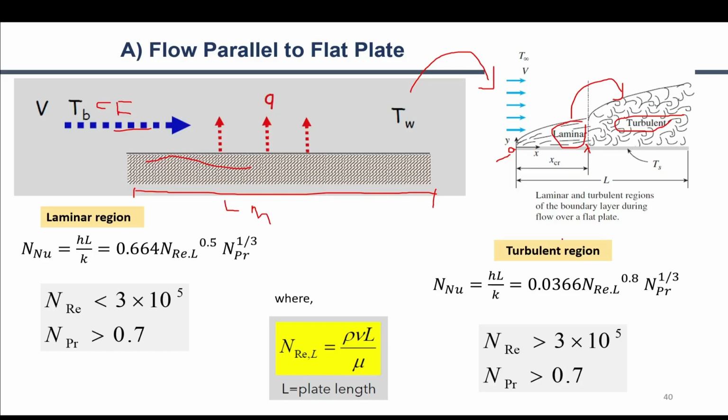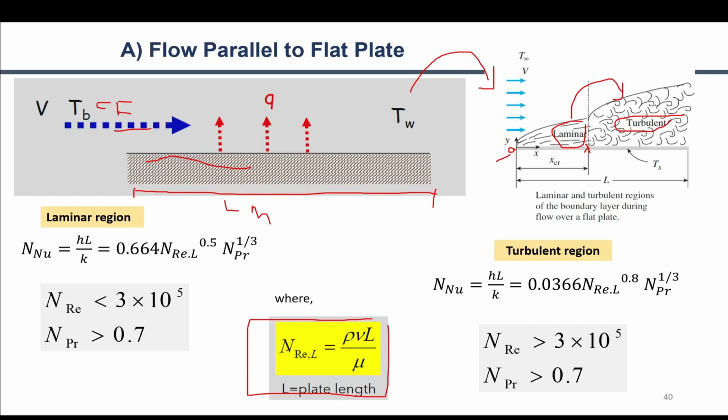All of these factors that influence the transition from laminar to turbulent flow are best characterized by the Reynolds number. The Reynolds number is measured at a distance x from x equal to 0, which is the leading edge of the flat plate.